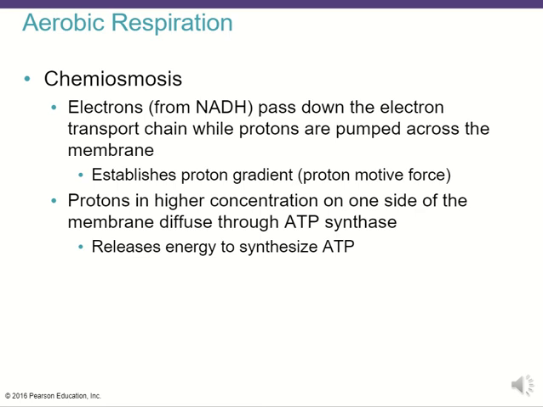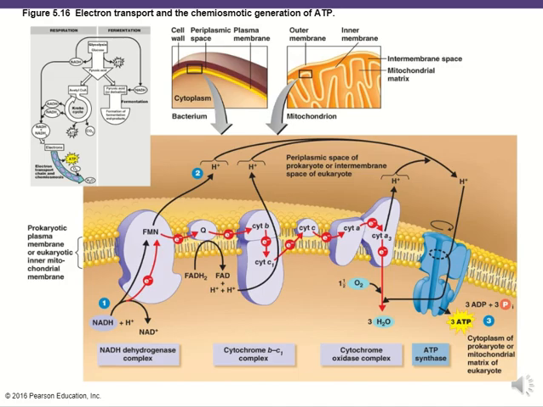Therefore, in that area of higher concentration, they can move back in through ATP synthase, which uses the energy that is produced to form a bond between ADP and inorganic phosphate to form ATP. So in reality, this is the involvement of the movement of electrons and protons.